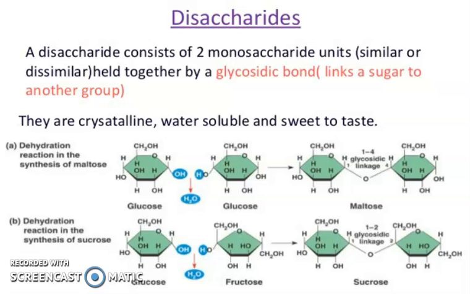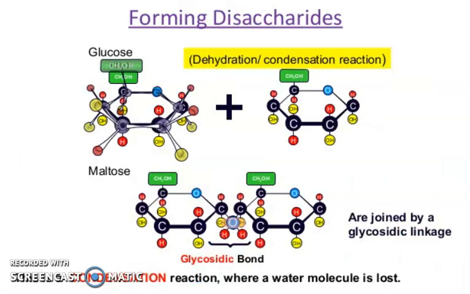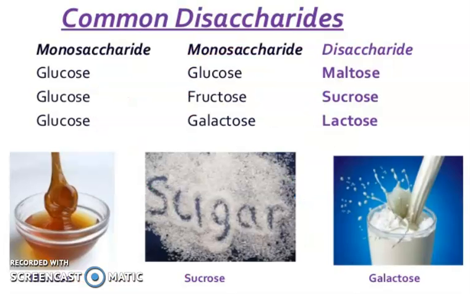They are crystalline, water soluble, and sweet to taste. Now, forming disaccharides: dehydration and condensation reactions. You can see this is maltose, joined by a glycosidic linkage. This is a condensation reaction where a water molecule is lost.